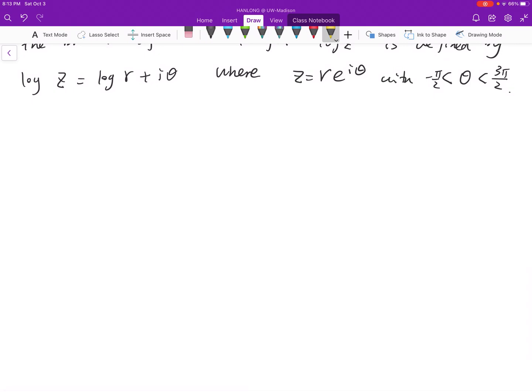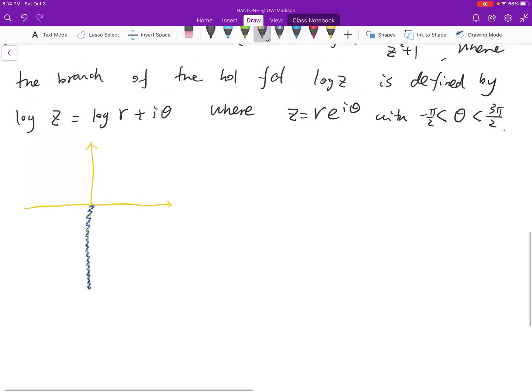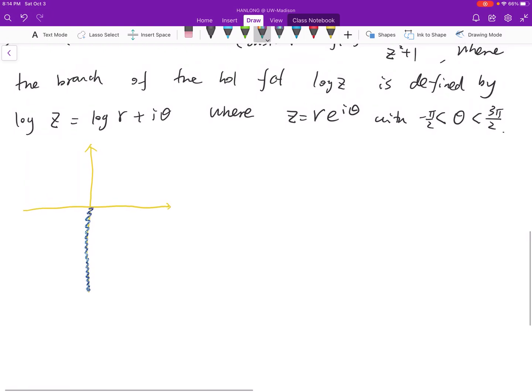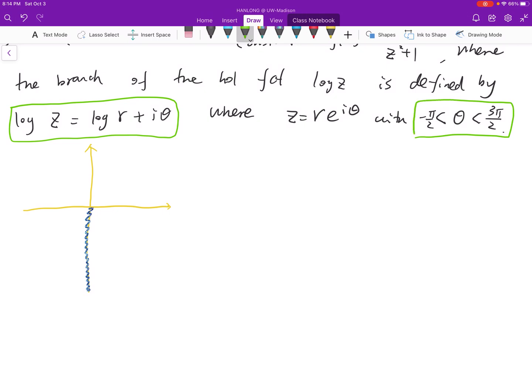If you draw a picture, on this complex plane we cut the negative imaginary axis. On the remaining part we can define log z by log r plus i theta, where the angle theta is from negative pi over 2 to 3 pi over 2.